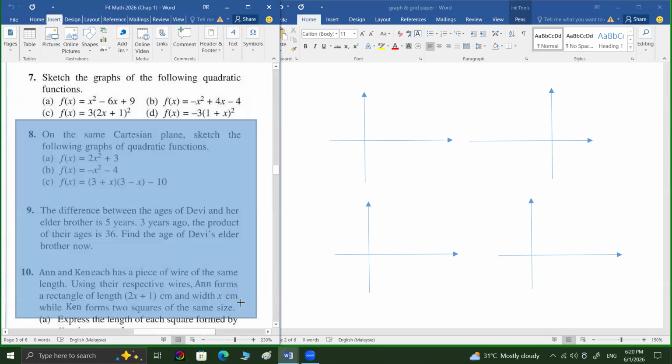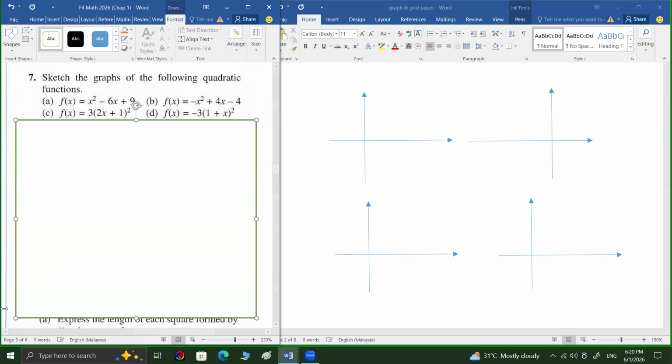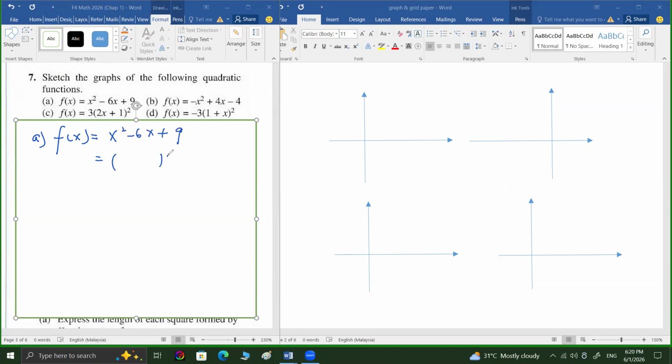Alright, first step, you're asked to sketch a graph. First thing is you make sure that you get the roots. So you factorize this one, class. Do the same thing from a calculator. Factorize.